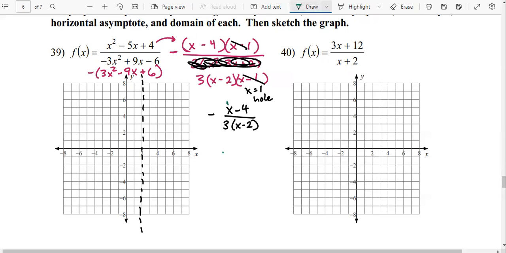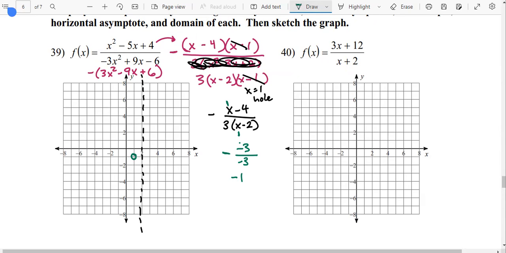Well, if you tried to plug in 1s here and here, that would be -3 over 1 minus 2, which is -1, times 3 is -3. This would be -1. So when x = 1, y would be -1, and we would have a hole right there.